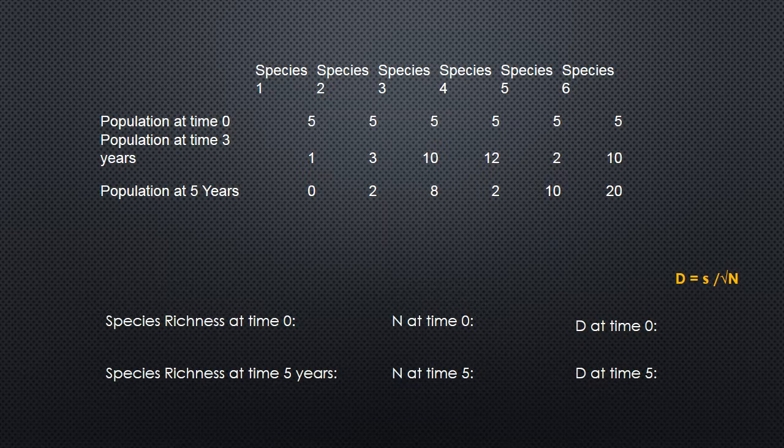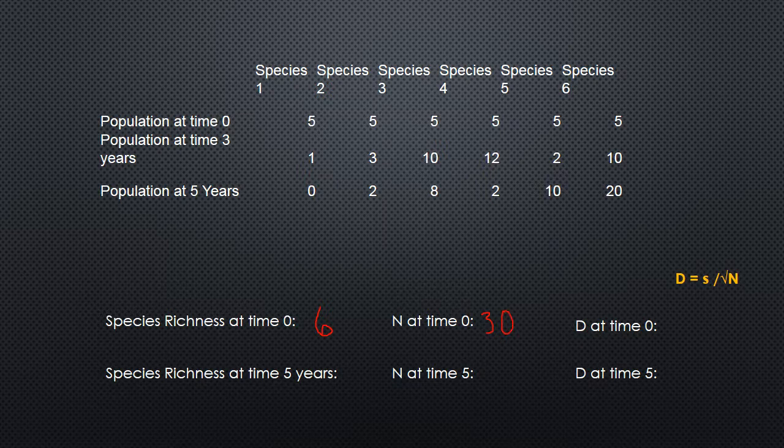At time 0, the species richness is going to be 6, because we have 1, 2, 3, 4, 5, 6 species. And if you'll remember, we said N was the total number of individuals in the population that we are looking at. So this part's going to be easy. We're going to say 5 times 6, which is 30.